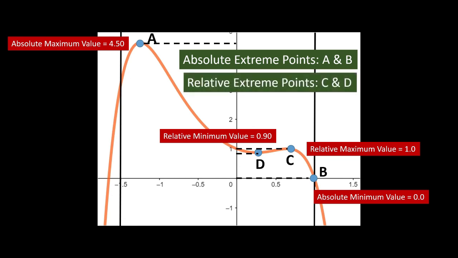Points C and D are relative extreme points because those points will give us a relative maximum value or a relative minimum value. Absolute extreme points are also called global extreme points. Relative extreme points are also called local extreme points.